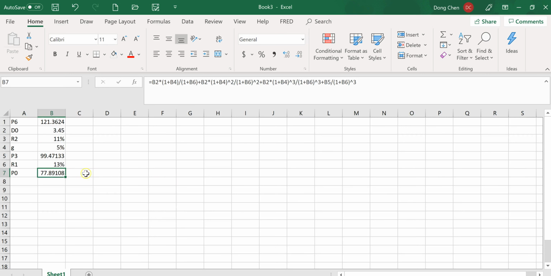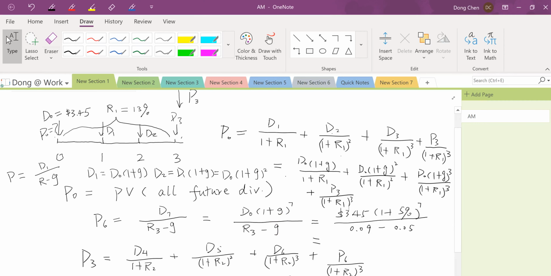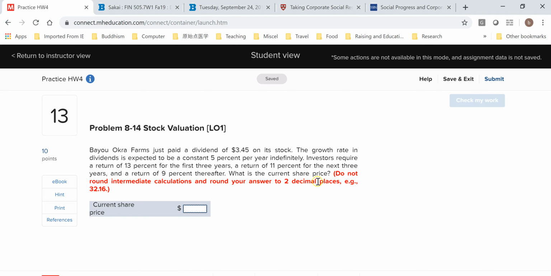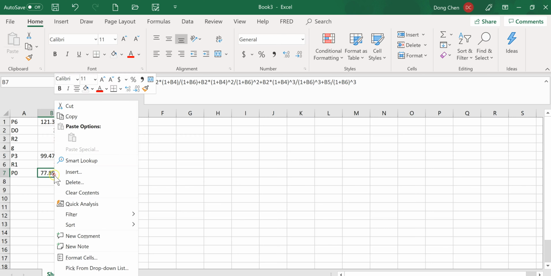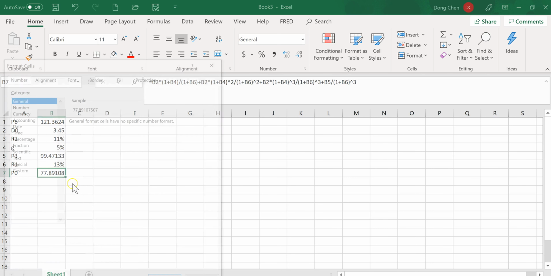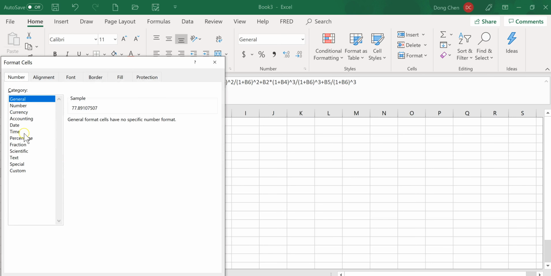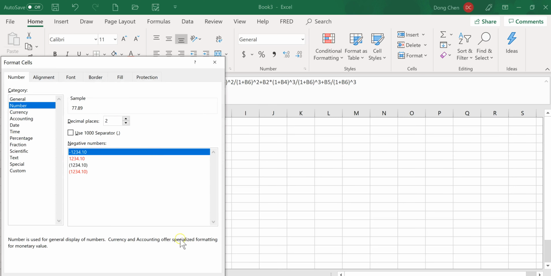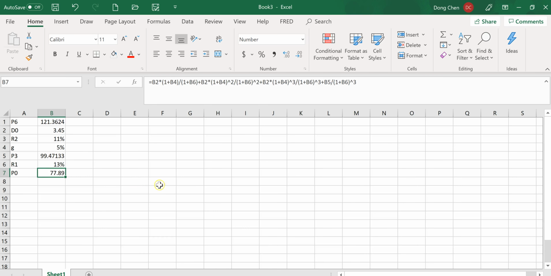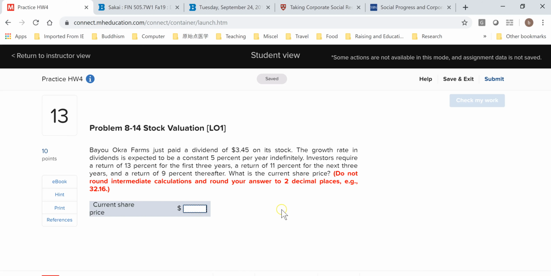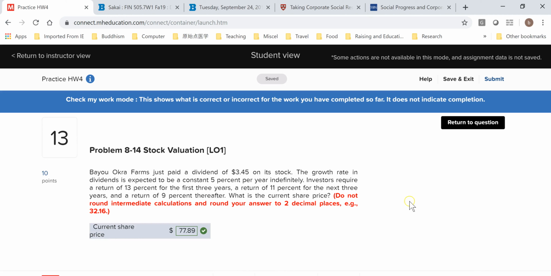Eventually we come down to this final number. And remember, the question asks us to keep 2 decimal places, so we can just change this format to keep 2 decimal places. Then we can copy this number back and check our work. Great.